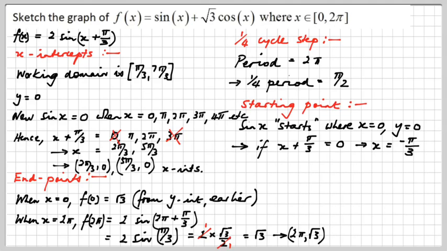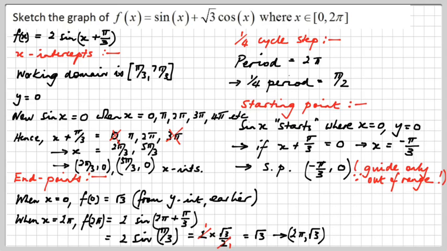So it'd be minus pi on 3 and 0, but that is just a guide for us, because it'll actually be out of range, since x is only allowed to go from 0 to 2 pi. But it still helps to work it out, guys. It gets you the proportion and the perspective of what is going on, because they're beastly to work out. And we're ready to graph.